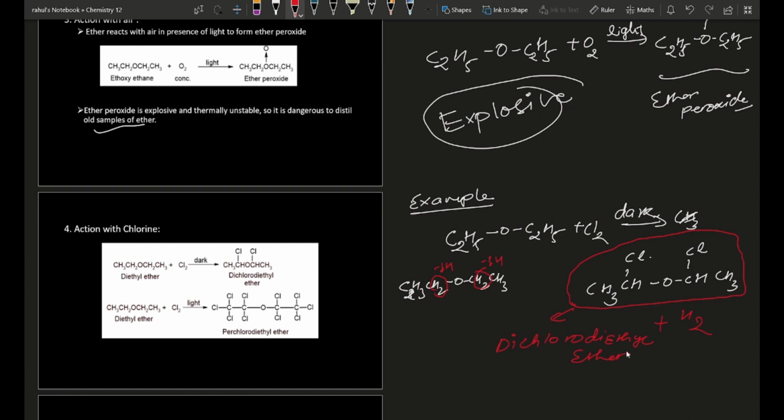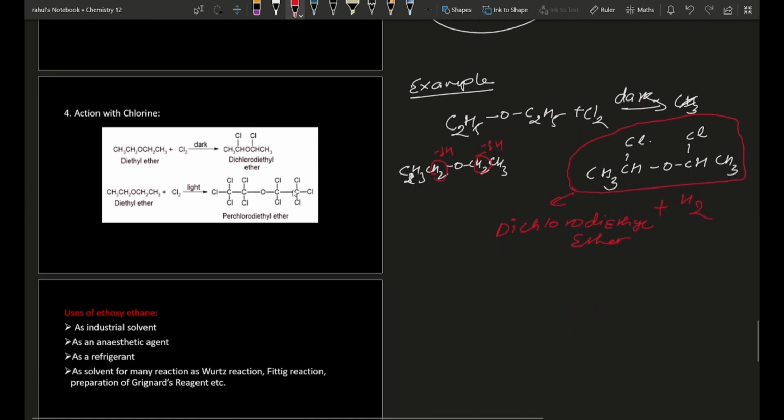Similarly, the next one is here. This is when a limited amount of Cl is used. When the amount of chlorine is in excess, all the H is replaced with Cl. We can see that all of these are chlorine, so all H got replaced with chlorine atoms, and it is called perchlorodiethyl ether.